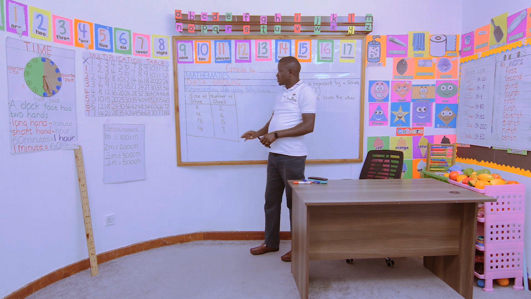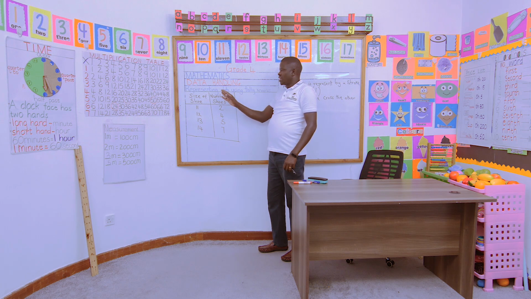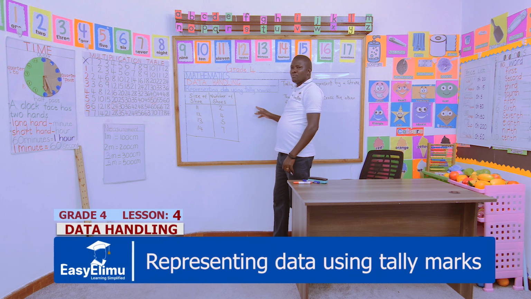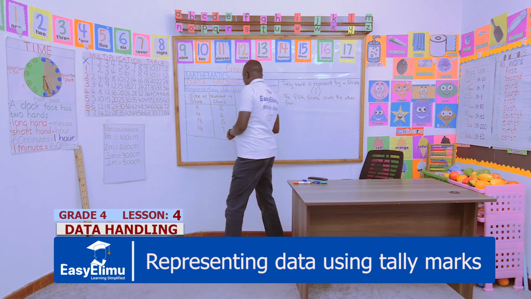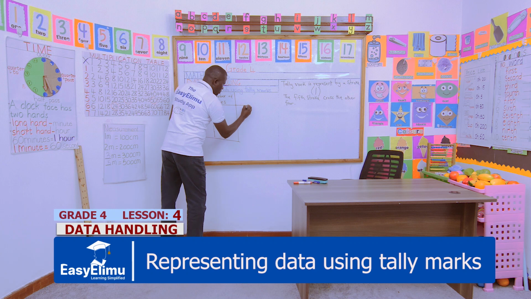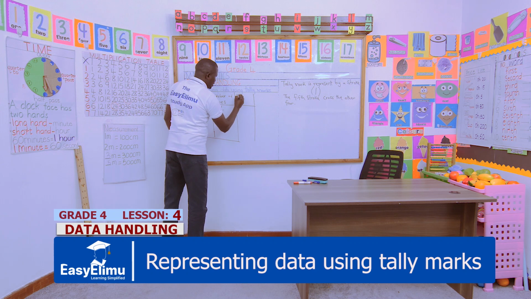I will do this in our representation here. Remember, we had collected the size of shoe and the number of shoes. Now I want to add a column here for tally mark. So can we add another column here for tally mark? I write here, tally mark.